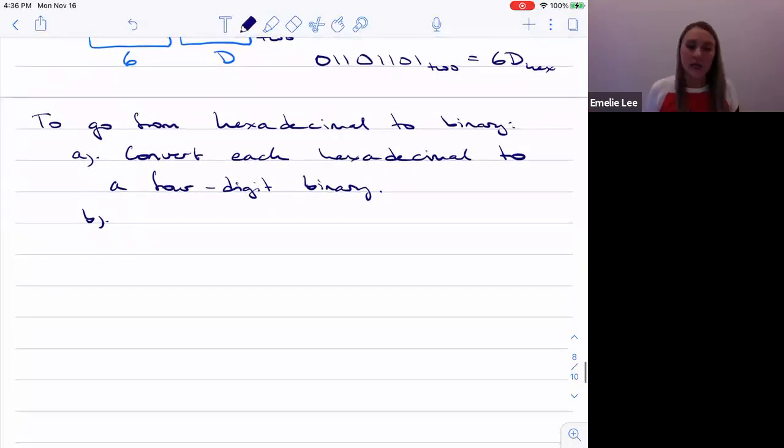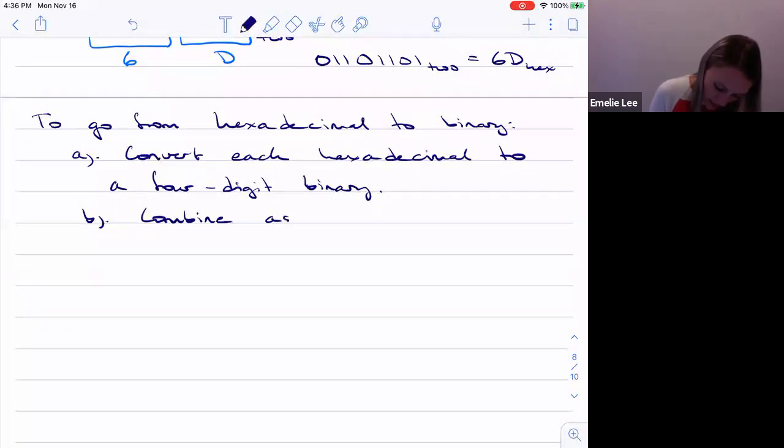And then the second part is combine as a single binary, just like we did before.